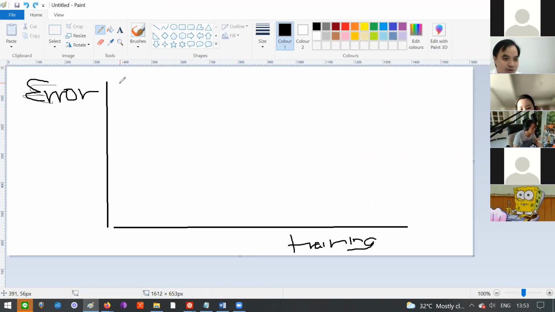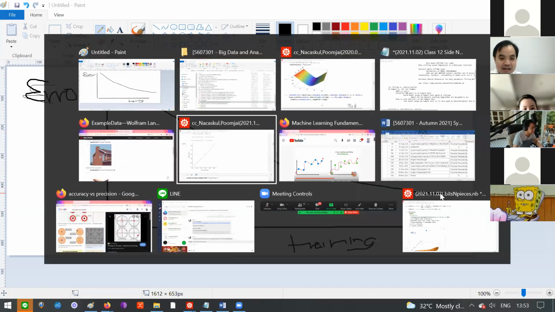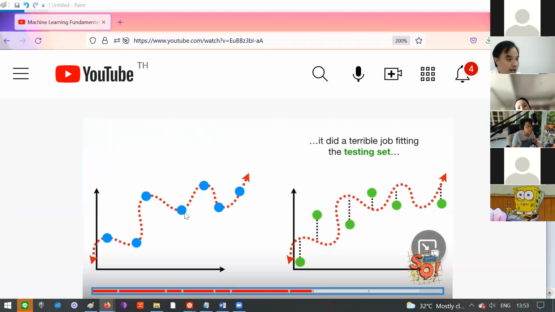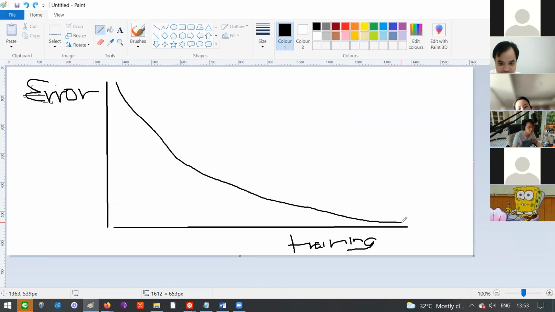In reality, it kind of looks like this, but I'm just going to idealize it. So the error is going to go down. That would be like trying to fit the blue line. Eventually, it's going to get to the point where it's almost near zero.